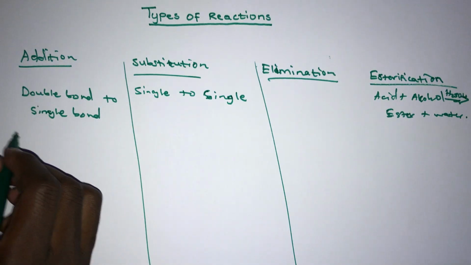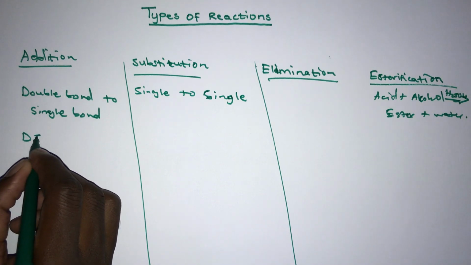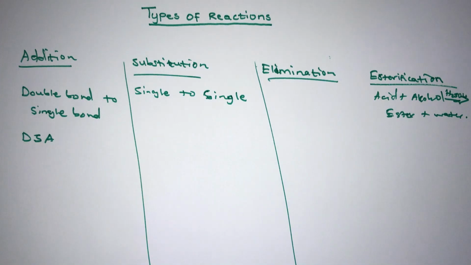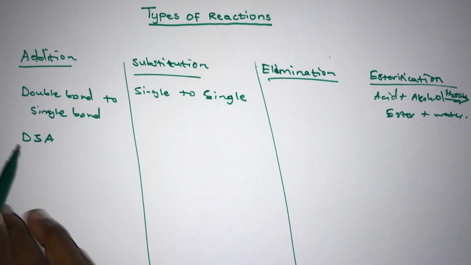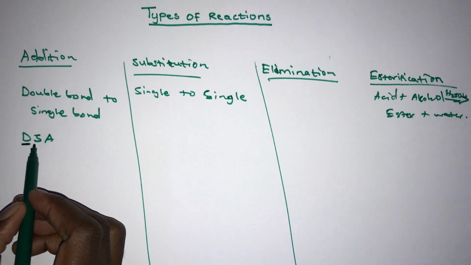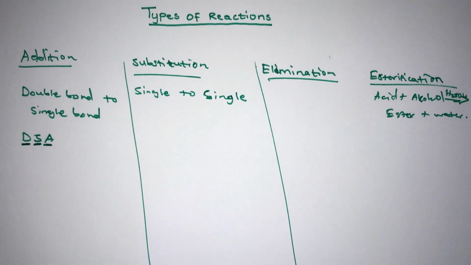On addition, we can say double bond to single bond. It means that this is addition reaction. You can claim it like that. So double bond to single bond means the reaction is addition reaction.